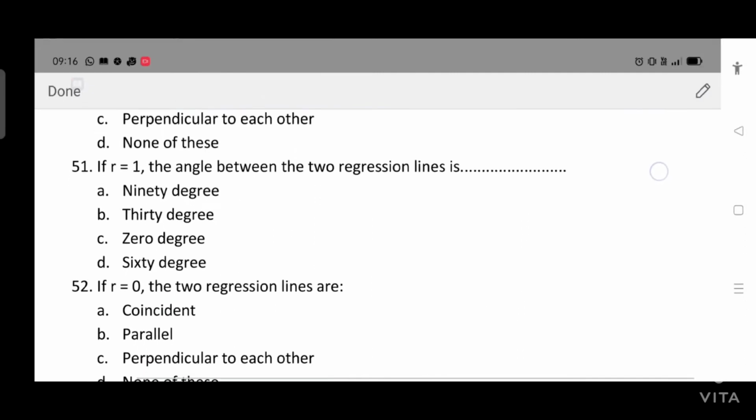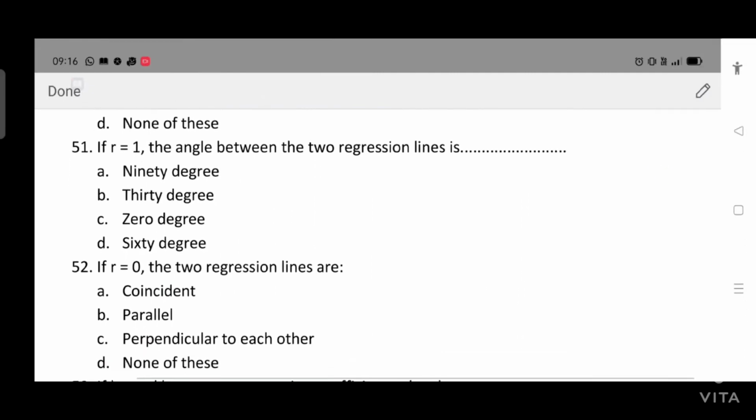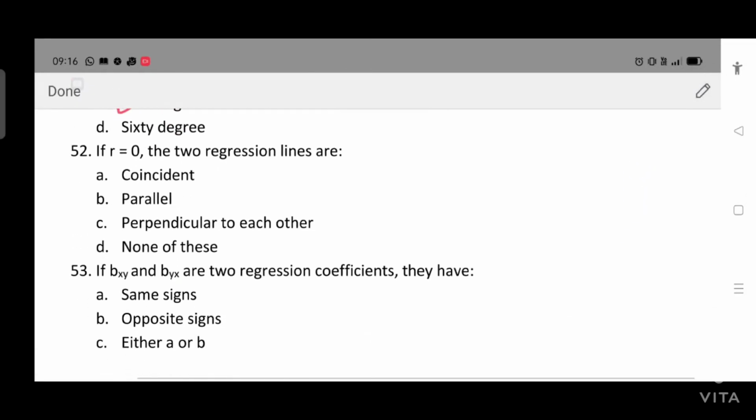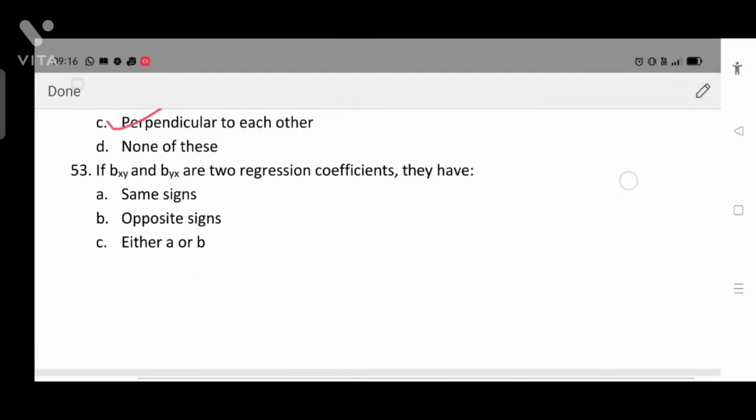If r equals 1, then the angle between the two regression lines is A, B, C, D. C, 0 degree. If r equals 0, the two regression lines are called A, B, C, D. C, perpendicular to each other. Question number 53.